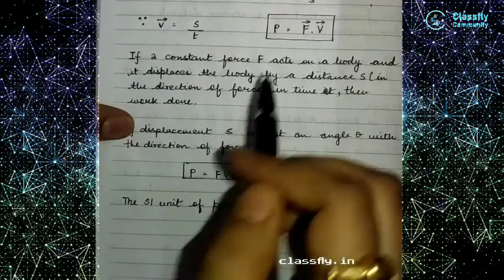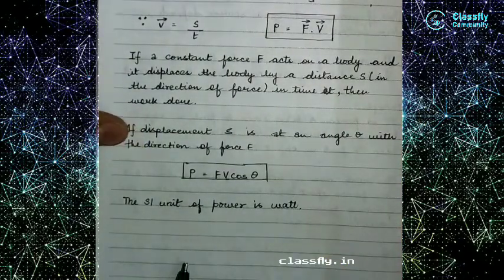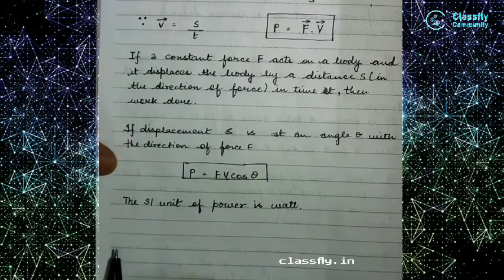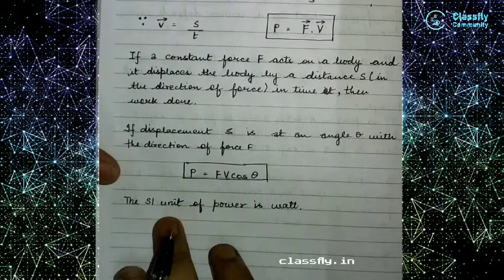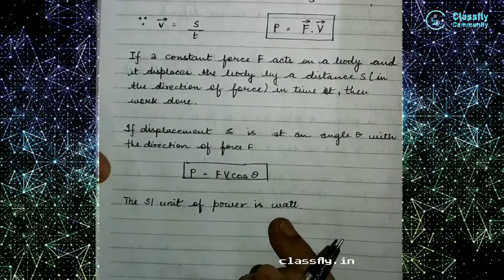As it is the dot vector, we know that whenever there is a dot, it is cos theta. And we know that the SI unit of power is always watt.